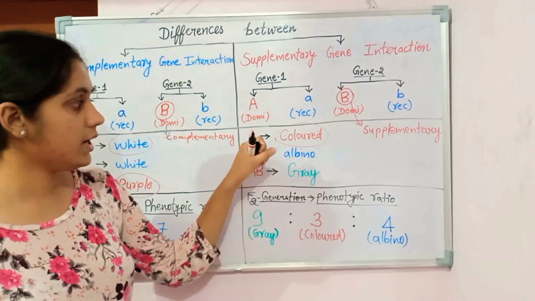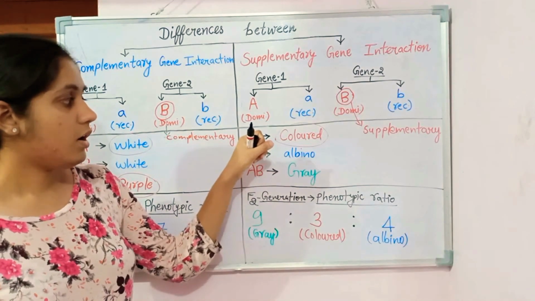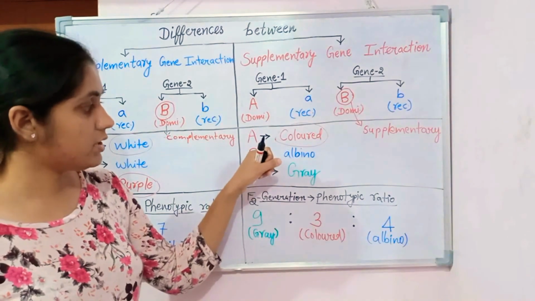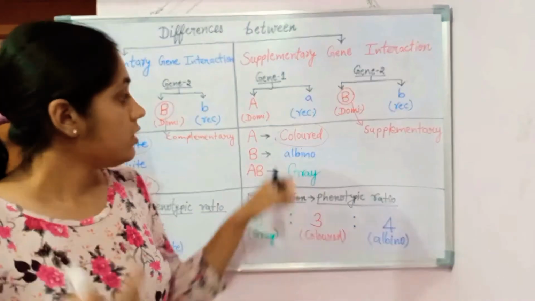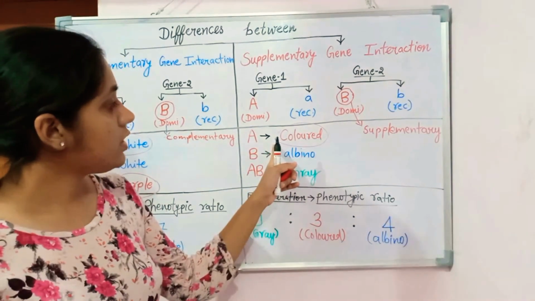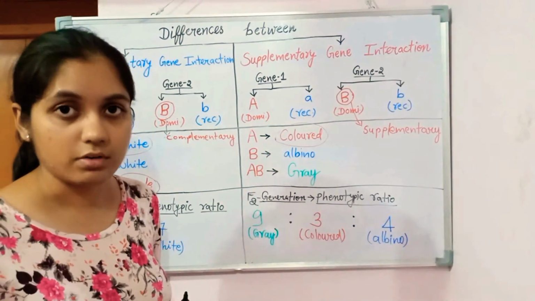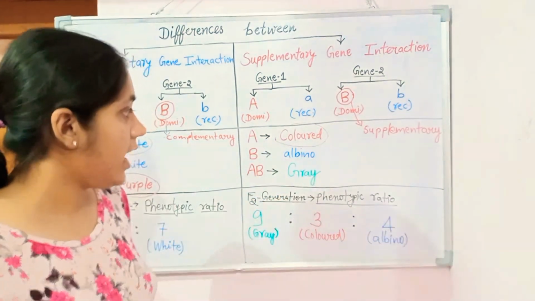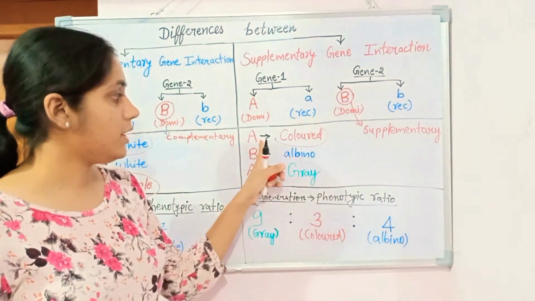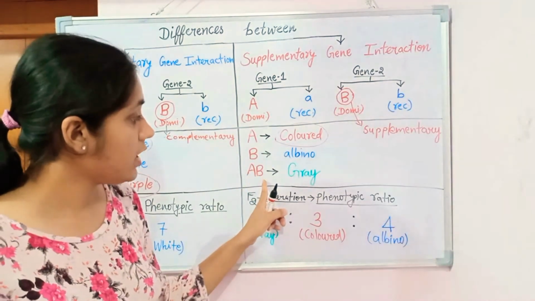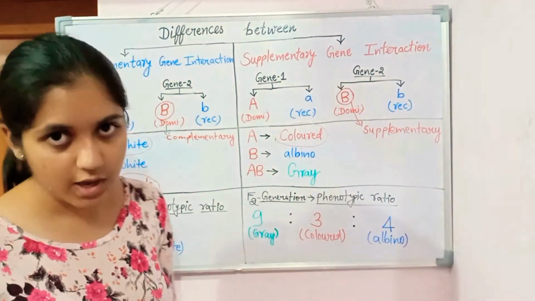When the capital A is present alone, not with this capital B, then it can produce the phenotype of its own. Okay, so the color phenotype is produced. And when this capital A is present together with this capital B, then it produces the grey phenotype.